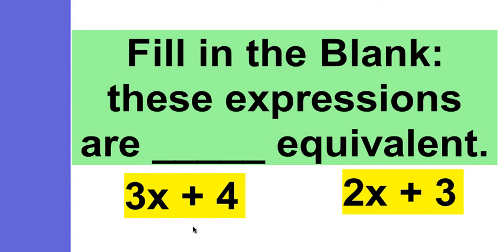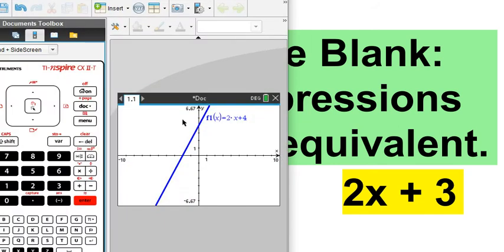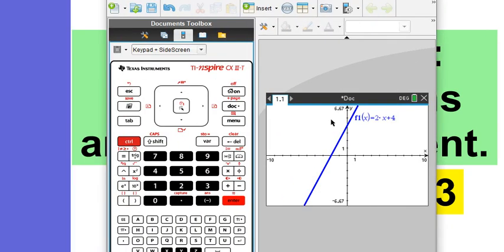Okay, so let's talk about how you did. The first thing I want to do to consider whether or not these are equivalent ever is to go to my graphing calculator. So I'm going to go to my TI Inspire graphing calculator. So here's my calculator.